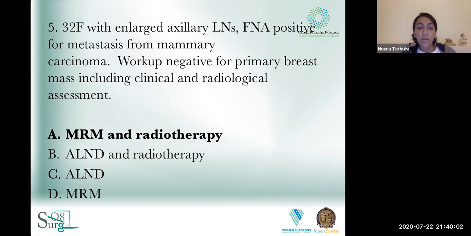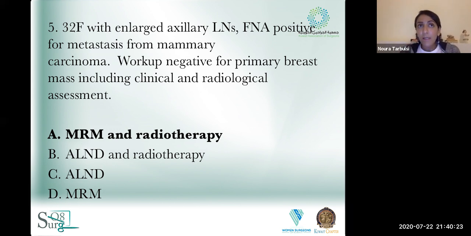There was also a question about what are the contraindications for neoadjuvant chemo. So basically, there are no contraindications in terms of neoadjuvant chemotherapy. It's whether the patient is a good candidate or not.